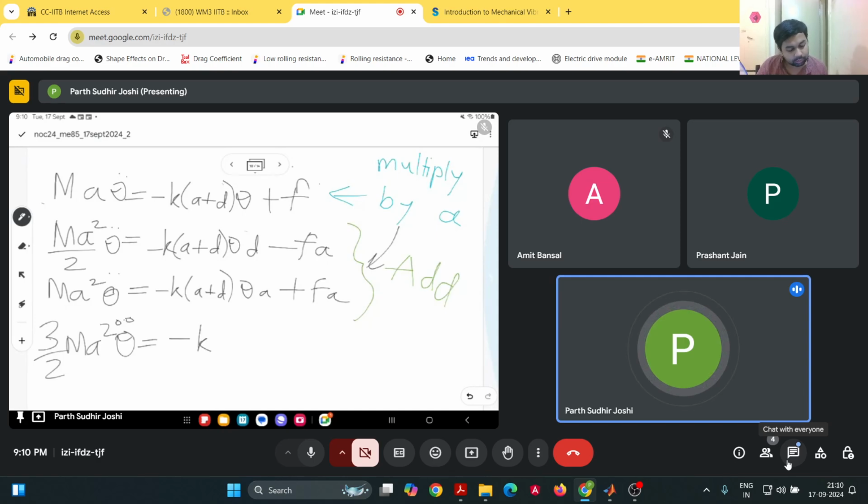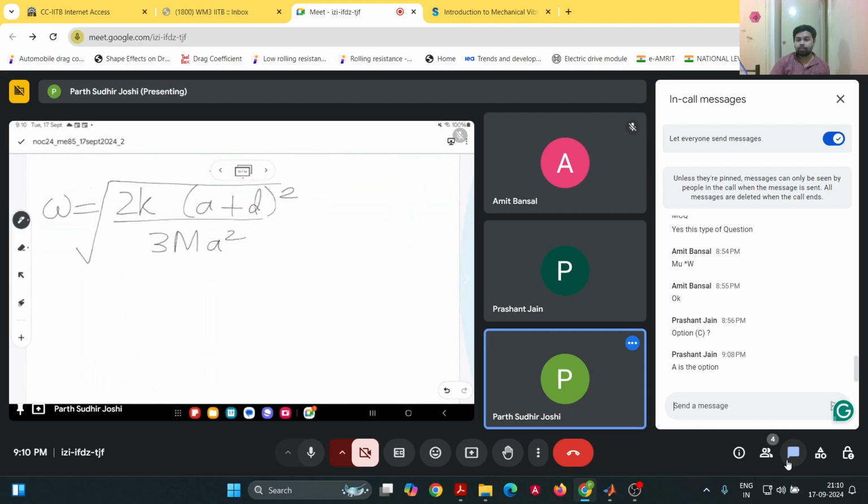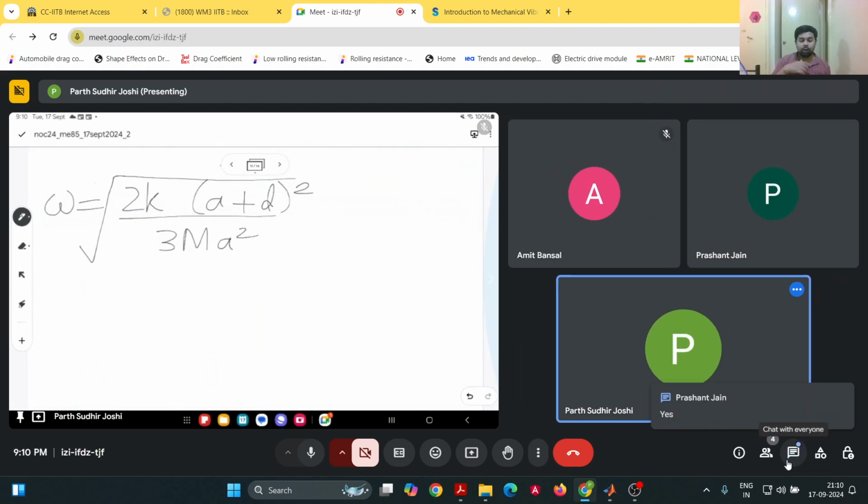So it will be minus k times (a plus d) whole square times theta. Yeah, so this is the answer that we get. So is it correct now? Okay, I think now it is correct.